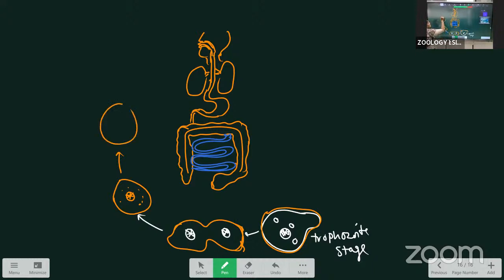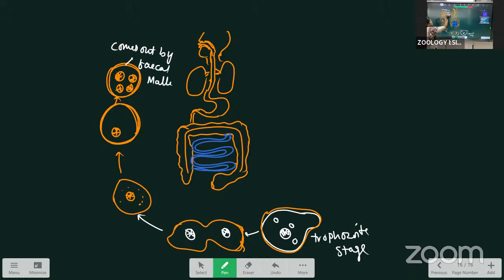This is formed as a cystic stage. Tetranucleated cyst.